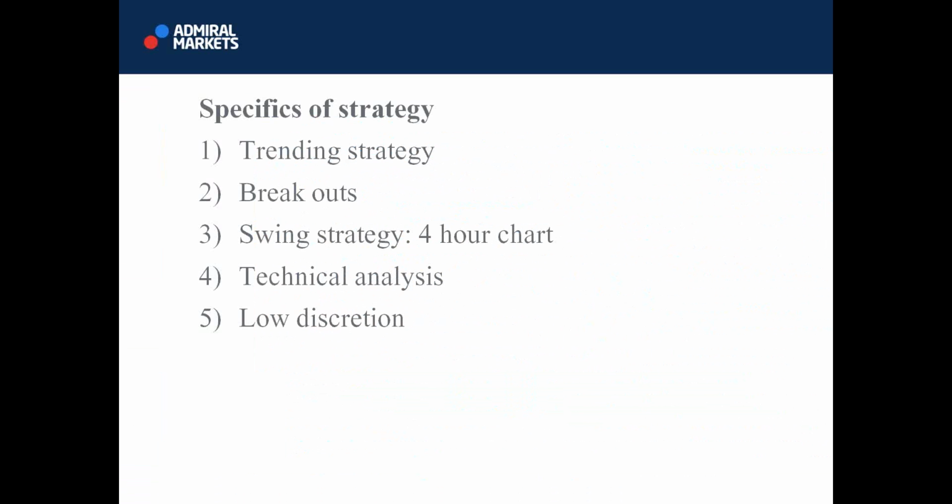So basically, the strategy that I will be presenting here in today's session is a trending strategy. It is a breakout, basically. It is also a swing strategy. It's a 4-hour strategy, in fact. It is technical analysis, and I would say the level of discretion is quite low.